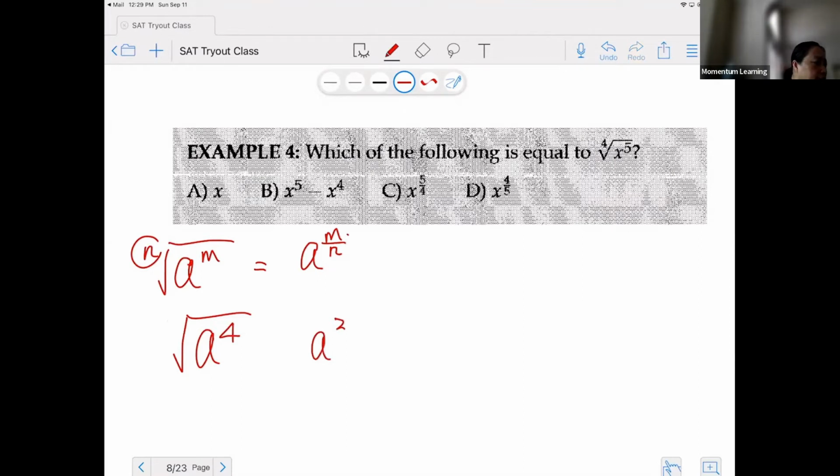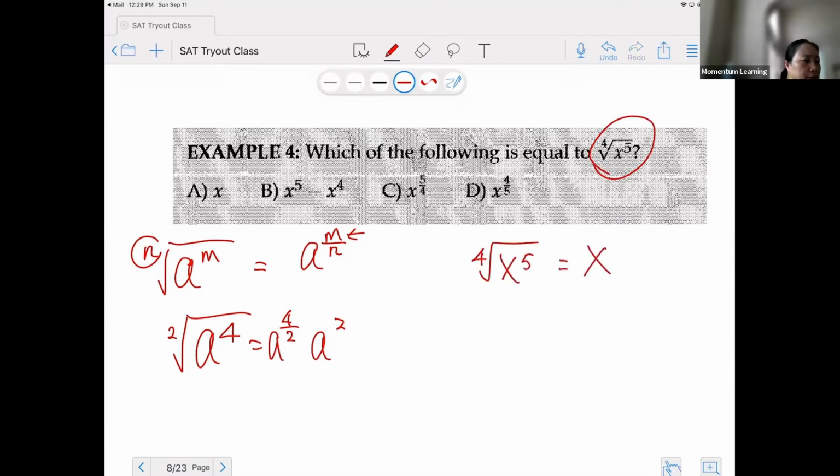So I know the 4 will be on the top and then the 2 is the root. This is just to determine which one is on the top and which one is on the bottom, if you forget the formula. Now we can directly write this for x to the 5.